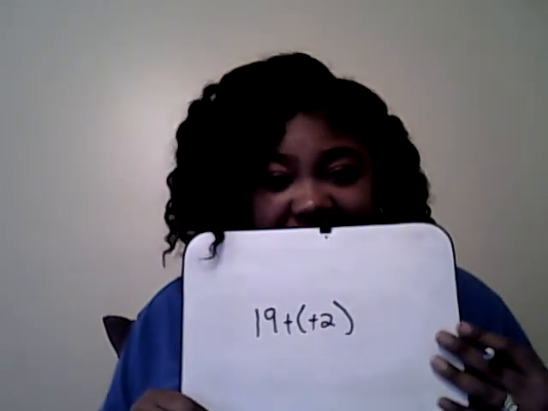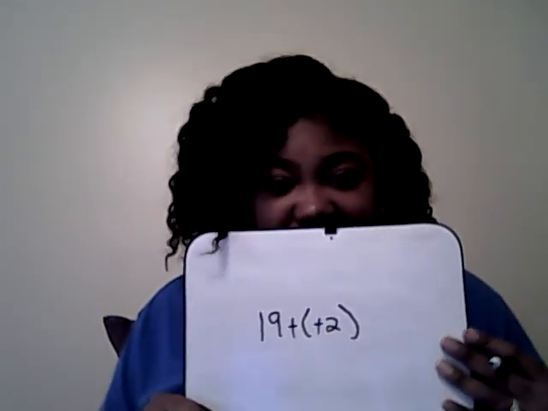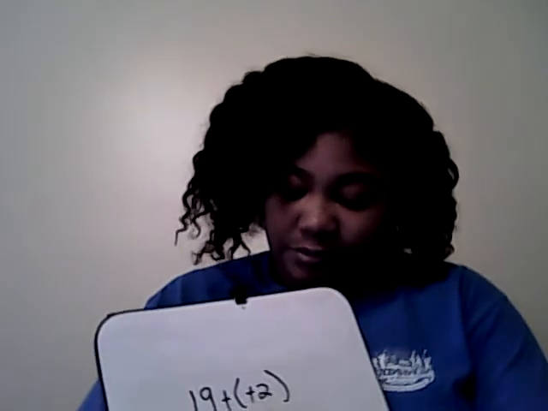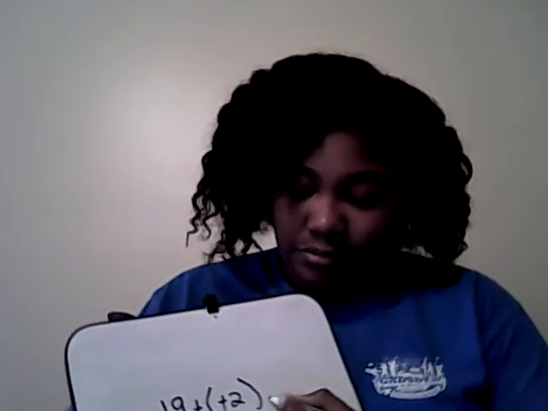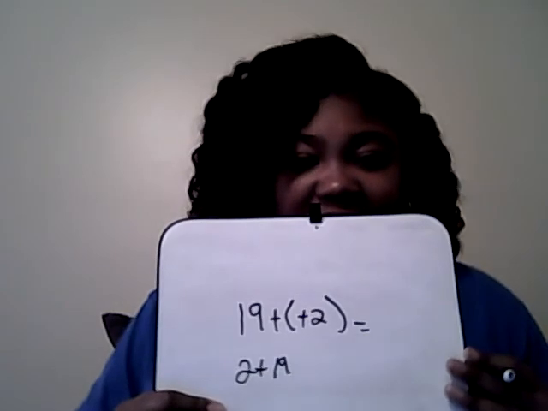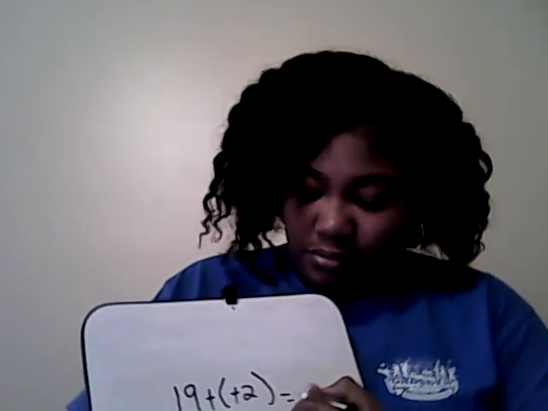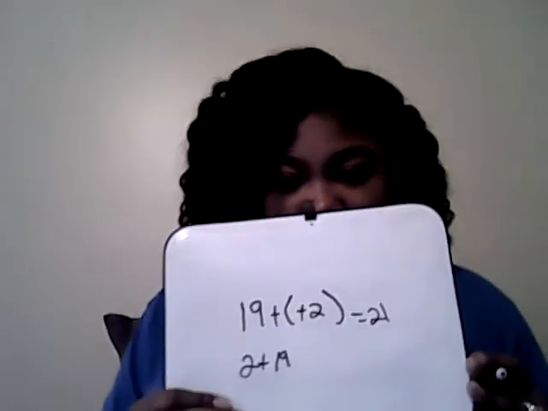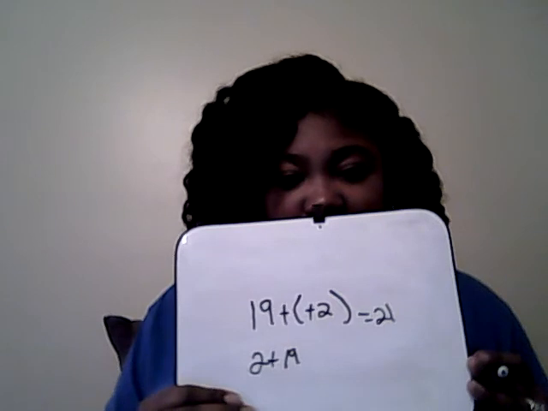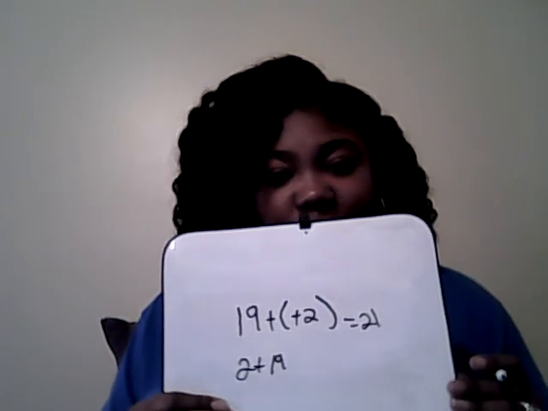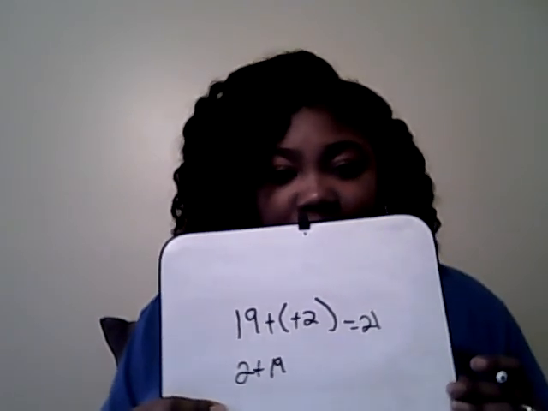Alright, so 19 plus 2, or 2 plus 19, is 21. It's going to give you the exact same answer, whichever way you like to see it better, okay?